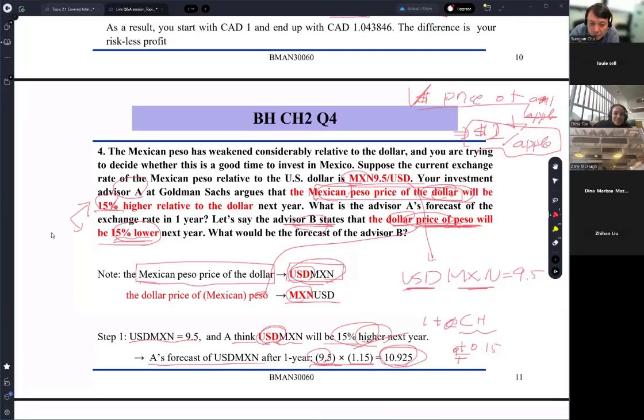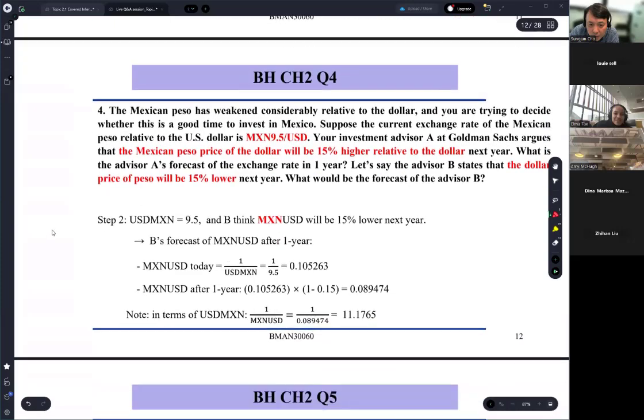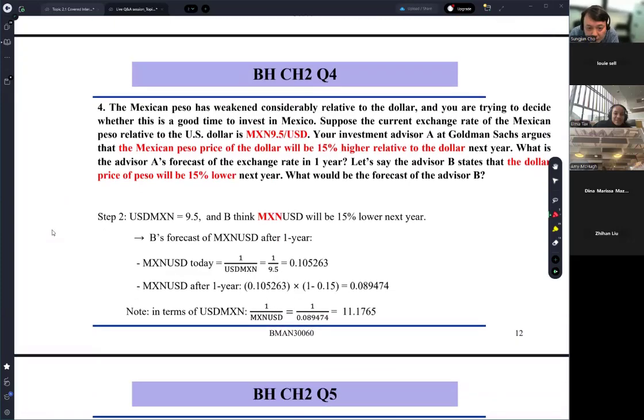What about B's forecast? Given USD/MXN is 9.5, we think MXN/USD will be 15% lower. Now, when we think about the appreciation or depreciation of the Mexican peso, we have to use MXN/USD, not USD/MXN. So you have to be careful about this.